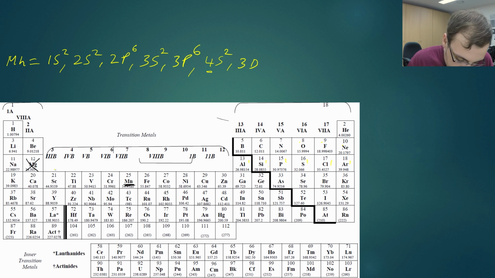We go 1, 2, 3, 4, 5. So it's 3d5. I know that's very confusing, guys, and I'm very sorry about that, but please just take my word for it that when you're looking at the D sub level, it's always 1 down. So instead of 4, it's actually 3. Instead of 5, it's 4.